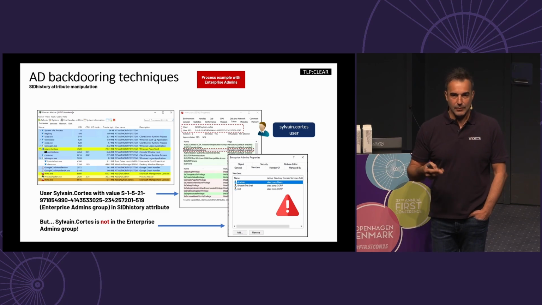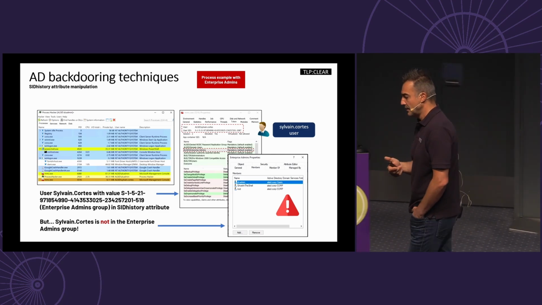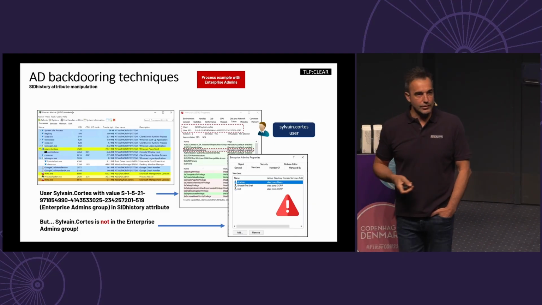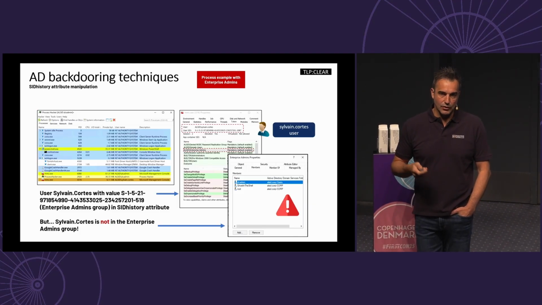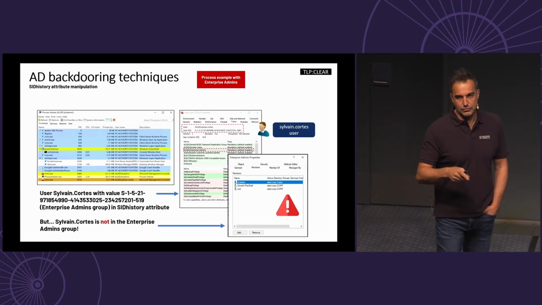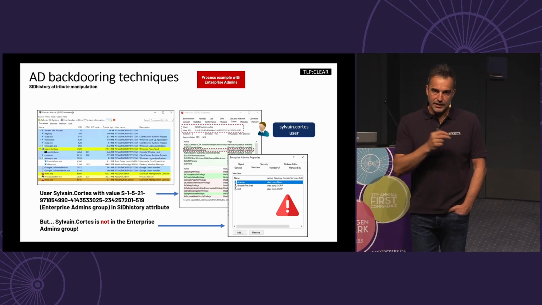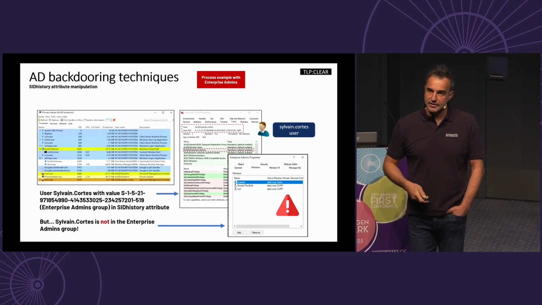Yes, but you need to think about different things like SIDhistory and various other things inside AD. So only having a look at the group is not enough, because this guy, even if he is not a member of this group, gets exactly all the permissions related to the enterprise admin group.